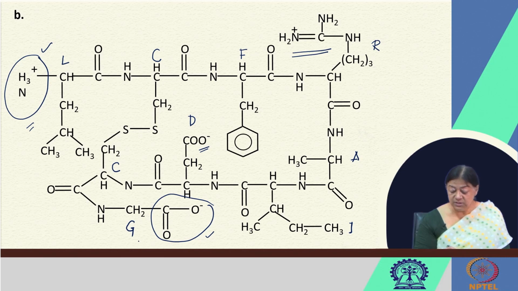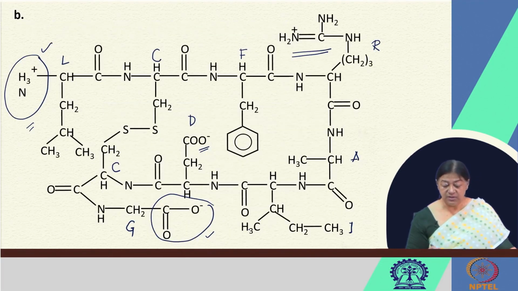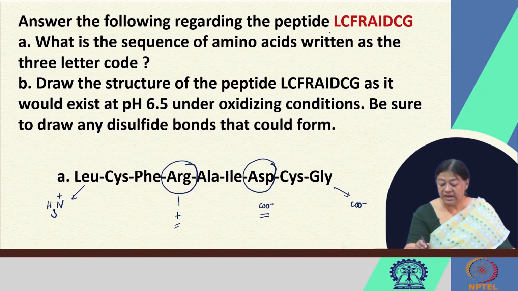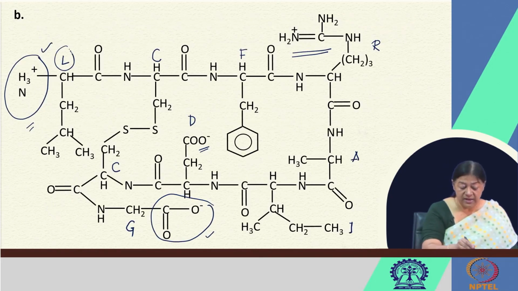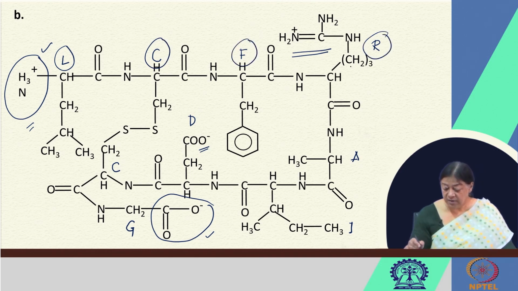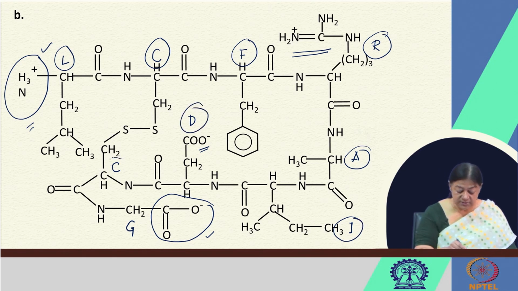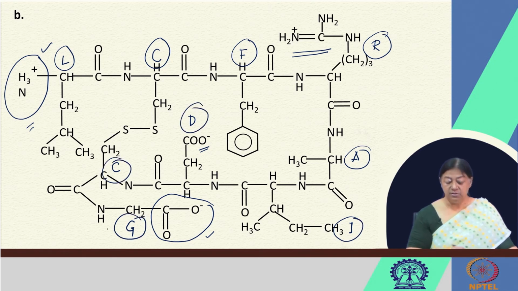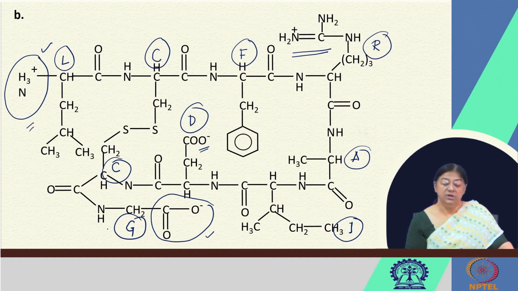The last amino acid we realize is the glycine, which we saw here. So, we have LCFRAIDCG. That is the representation that we need at this specific pH.